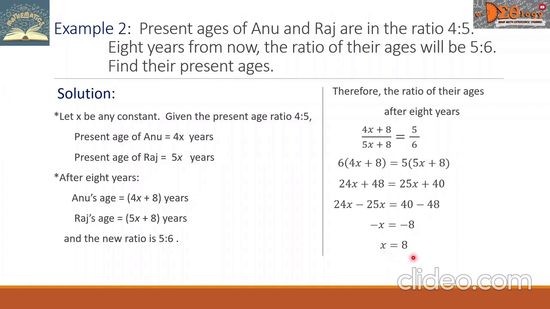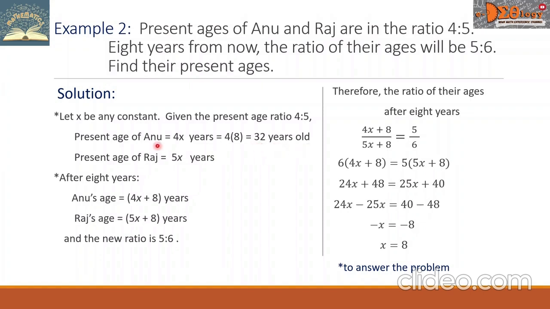Therefore, x equals 8. And now let us answer the problem. We need the ages of Anu and Raj. For Anu, our equation is 4x. The value of x is 8. We substitute it here. So we have 4 times 8, and this is 32 years old.